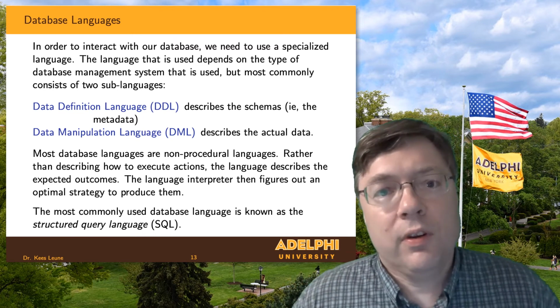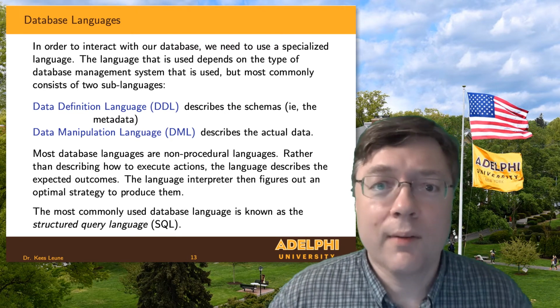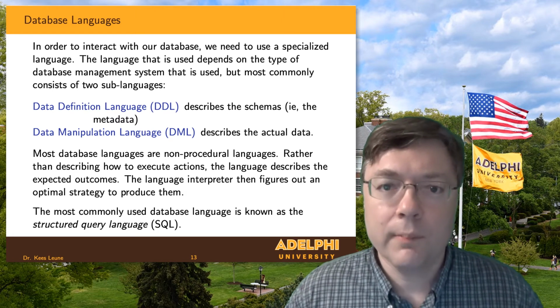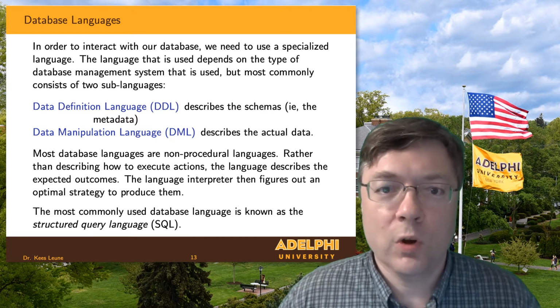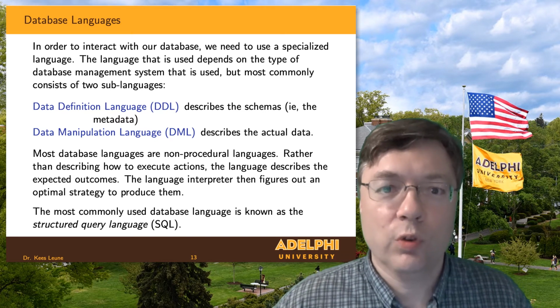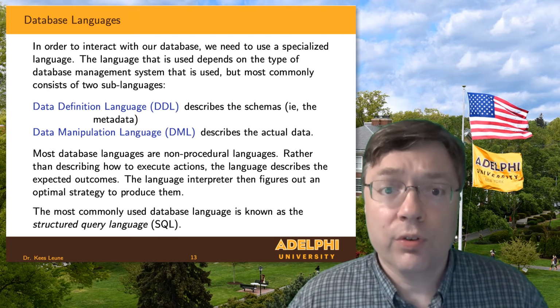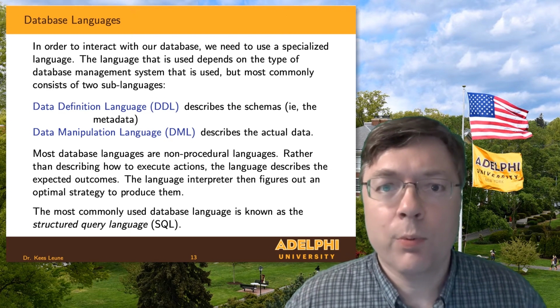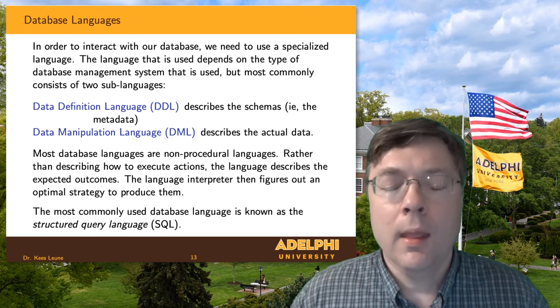These languages are different than what you have seen so far. At this point, at Adelphi at least, you have seen Python and you have seen Java. And both of those languages have in common that you specify to the computer exactly how to solve the problem that you want to solve. That is called a procedural language. You describe the procedure that you use to transform input to output.